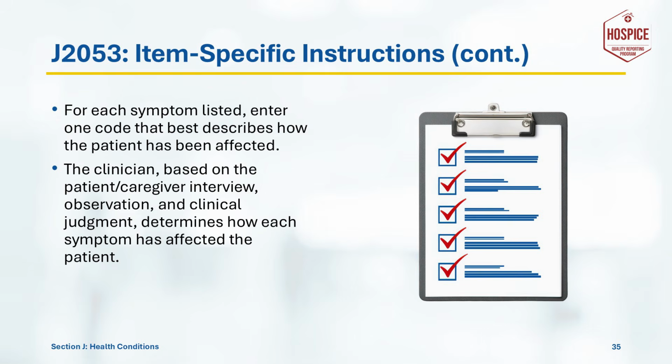The clinician can use patient or caregiver interview, observation, and clinical judgment. It is possible the clinician will identify new impactful symptoms or the persistence of prior identified symptoms. In these cases, there is no need to complete another SFV for this time point for the purpose of HOPE submission. However, the clinician should follow clinical practice guidelines to manage the symptoms.